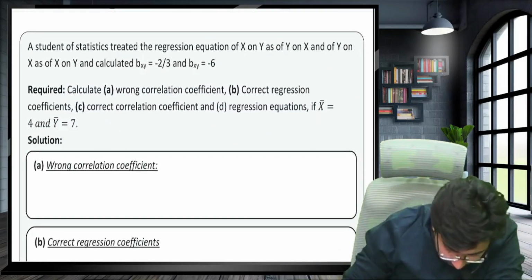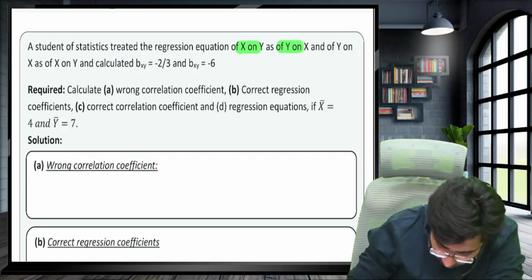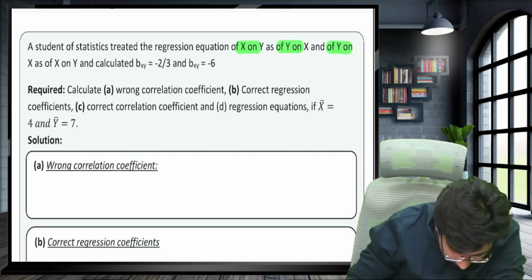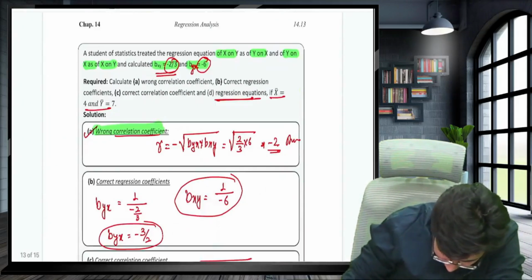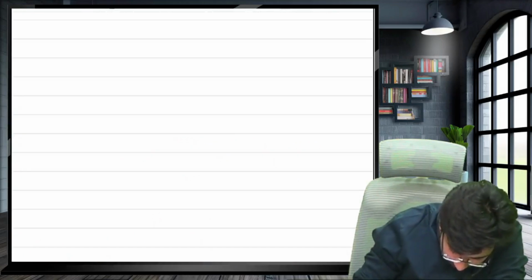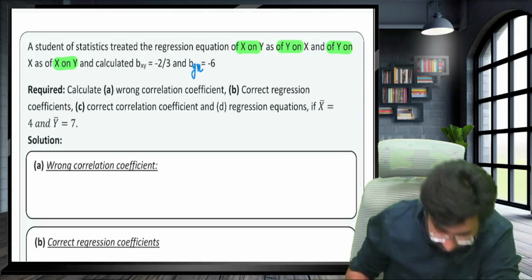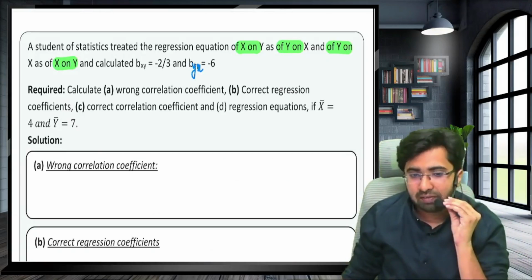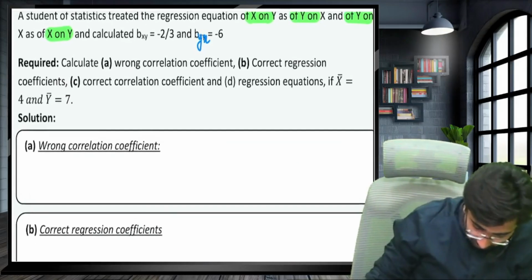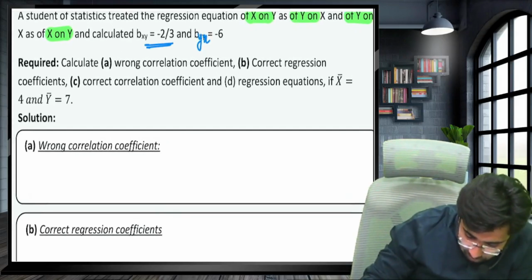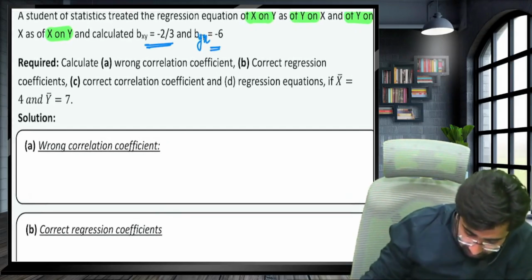A student of statistics treated the regression equation x on y as y on x and y on x as x on y, and calculated b. Okay, guys, make this y on x. First one is x on y and the second one is y on x, and calculated bx on y and by on x.